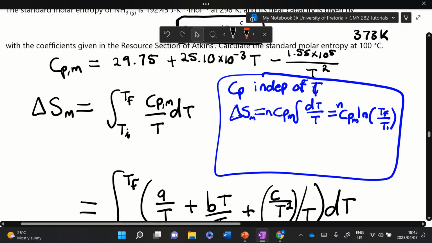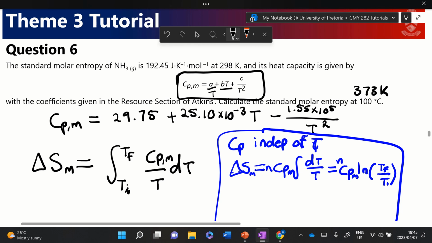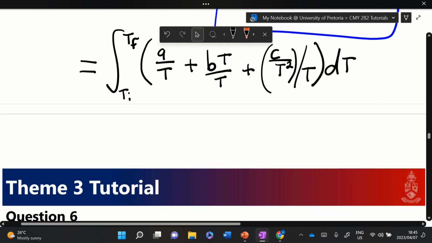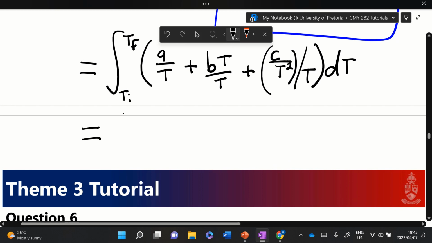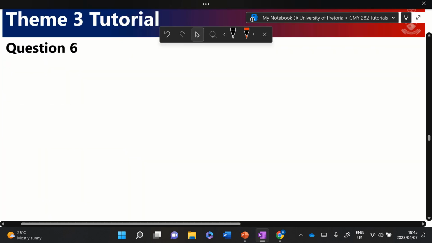You see I've just taken every term in the Cp,m function and divided it by T. That is then equal to the integral of A over T plus B plus C over T cubed dT.